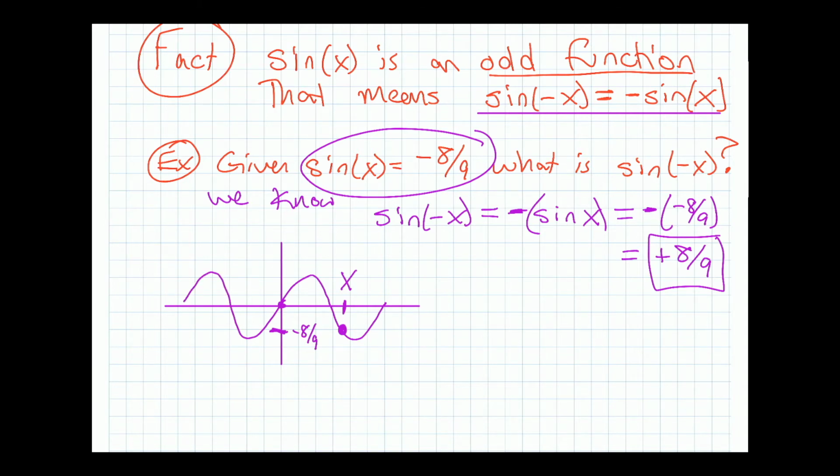So if you go this far on the x-axis, you would have to go that far on the x-axis in the other direction to get to negative x. And when you did, you would come up here and it would be at positive 8 over 9, due to the mirror image. I know that I didn't draw that very well, so it may not be as convincing as it should be, but hopefully the real graph makes sense to you.